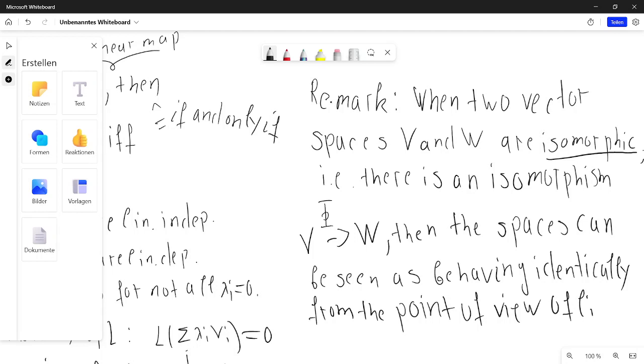That is, for isomorphic spaces, you can always take the suitable copy and translate all the results via isomorphisms. Of course, because as you recall, linear maps preserve scalar multiplication and they preserve addition, right?